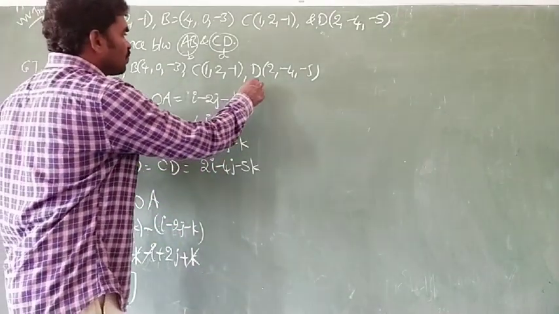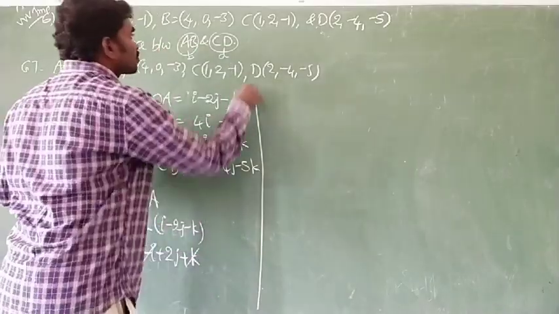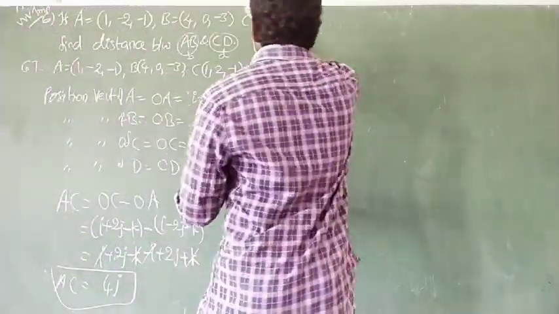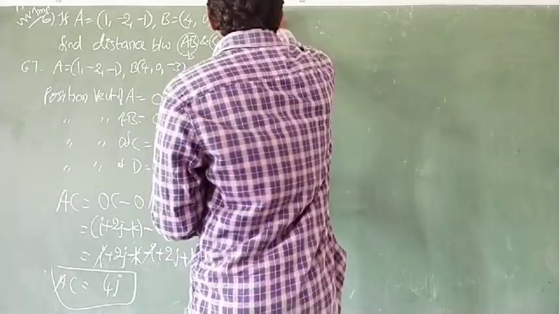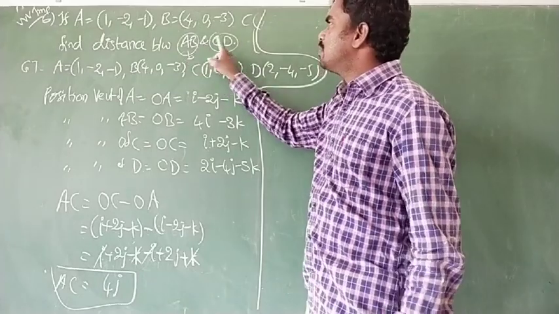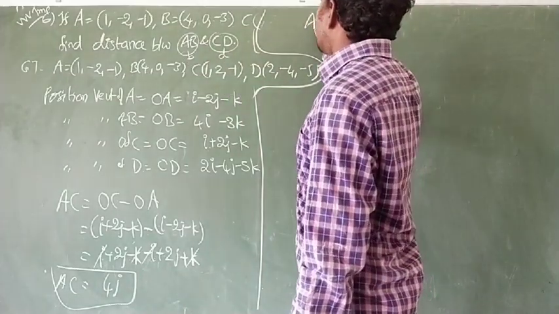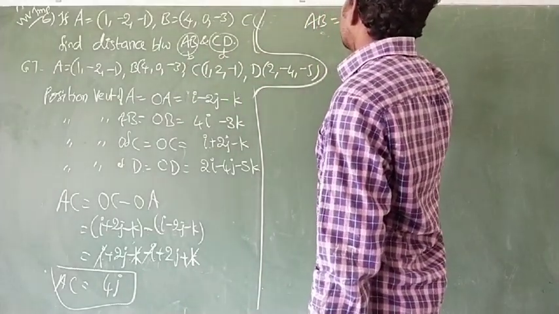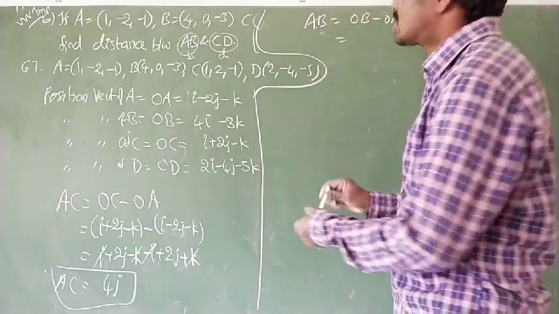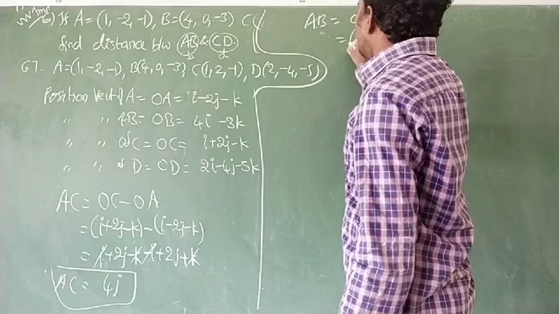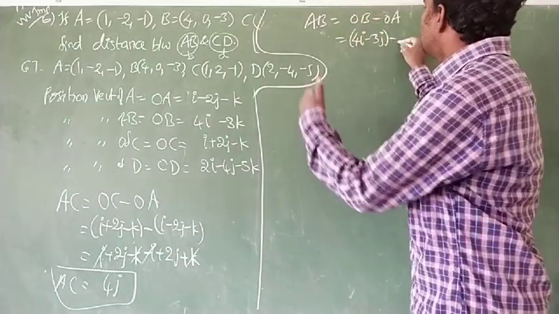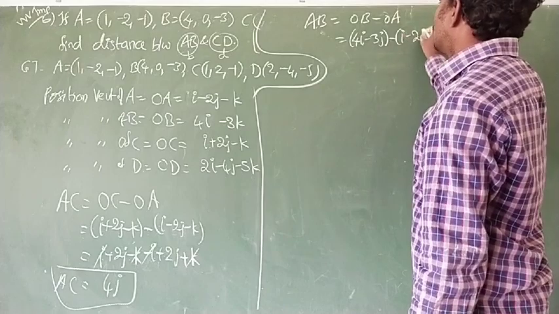No problem. Next, we have to find out AB and CD. What is AB? AB means OB minus OA. OB is 4i minus 3k, minus OA. OA is i minus 2j minus k.